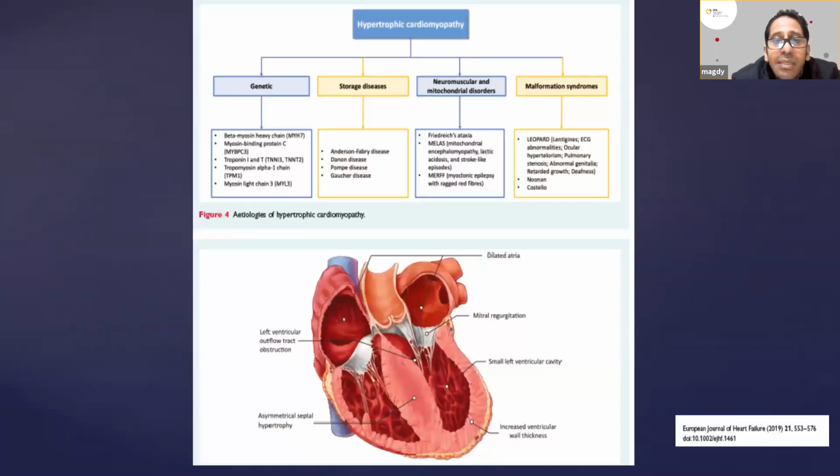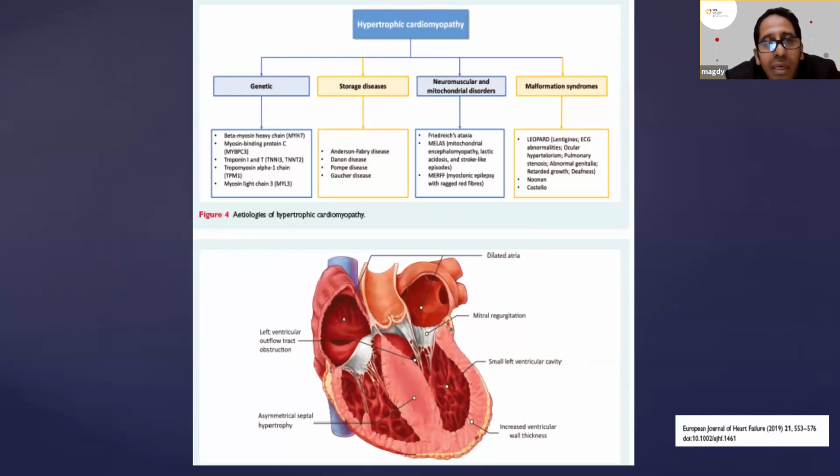As we will see in this slide, beta-myosin heavy chain gene mutation is the most common genetic mutation responsible for the disease. Others are myosin binding protein C, troponin I and troponin T, tropomyosin alpha 1 chain, and the myosin light chain 3.